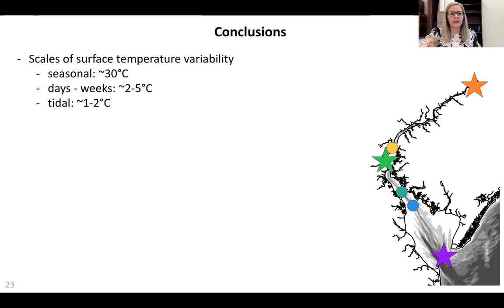The variability in the days-to-weeks frequency band was about 2 to 5 degrees, but I showed you that this was different from site to site, and even at the mouth site, you saw time differences in that variability. And then there was also tidal variability on the order of 1 to 2 degrees Celsius, but it varied between sites.